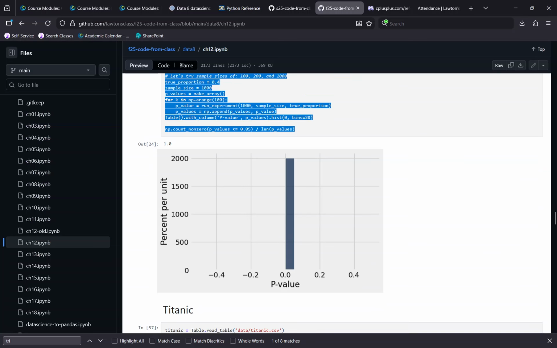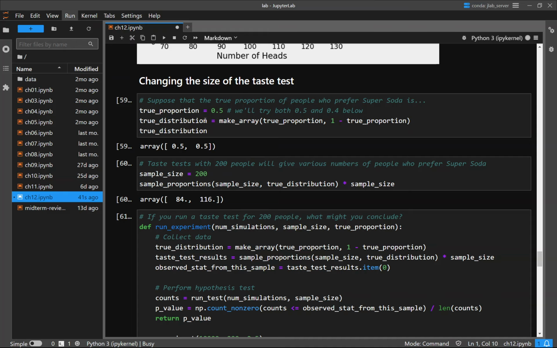So you could have done this differently. Like I said at the start, instead of flipping coins, you could have done a call to sample proportions. What was your original distribution? It could have been of how many people like super soda versus the other. It could have been 50-50. That's all this is trying to say. Or it could have been something different. Maybe it really was not as many people like super soda. We'll try it with a different percentage.